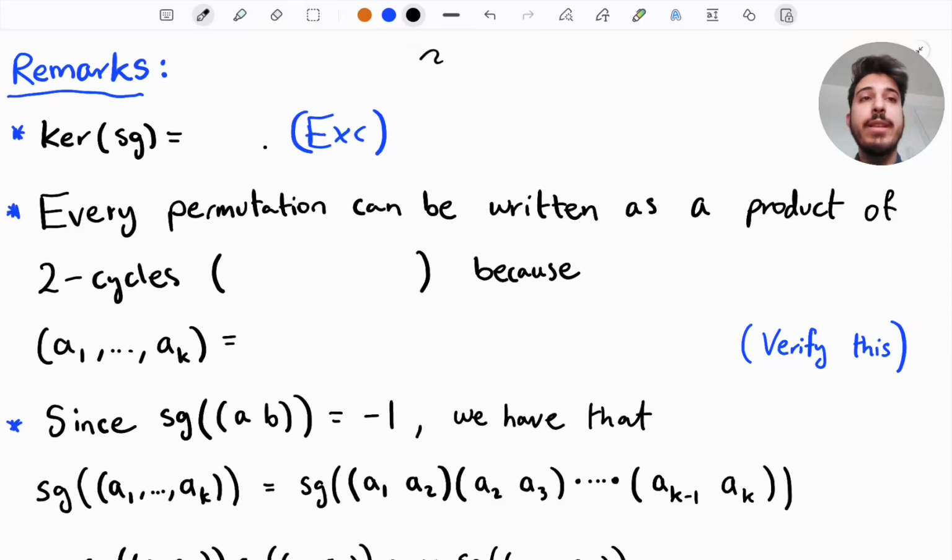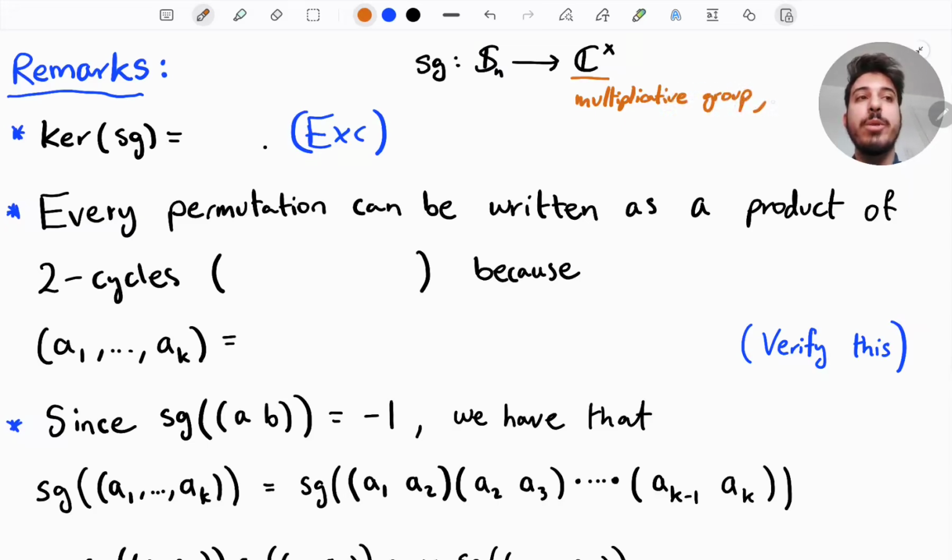Now that we have defined that the sign map is a map that takes a permutation in Sn and goes to the multiplicative group C star. So remember that C star is a multiplicative group, in other words, a group with the operation being multiplication, and the identity has to be equal to 1 in this case, because 1 is the multiplicative identity.